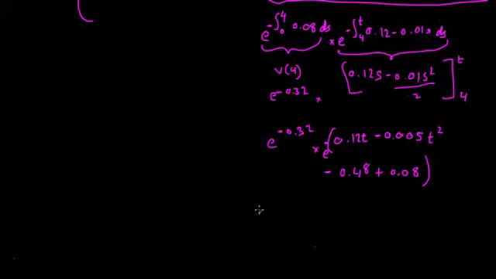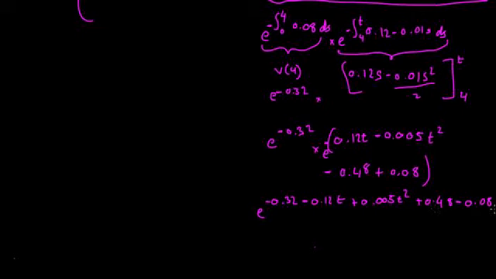Let's start. We've got an e over here and we have negative 0.32. We can just add the indices together. So we're going to have minus 0.12t plus 0.005t squared plus 0.48 minus 0.08.